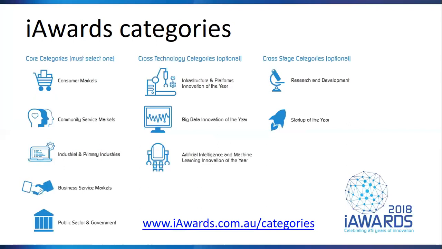So once you've chosen one of the core categories, then you must select one of the technology categories. The three options you've got are infrastructure and platforms, big data, and artificial intelligence and machine learning. If you don't choose a technology category in the entry form, it will actually say as an option, general.